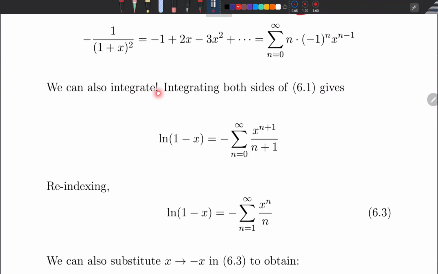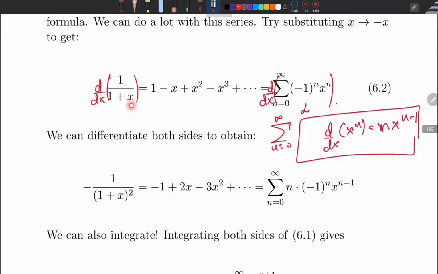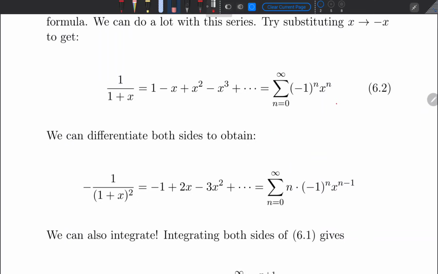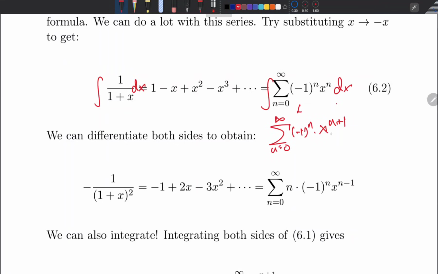And now we can also integrate this as well. Let me remove this stuff here, and what we will get after integrating with respect to x is the sum as n goes from 0 to infinity of minus 1 to the n and x to the n plus 1 over n plus 1, and on the left, the natural logarithm of x plus 1.